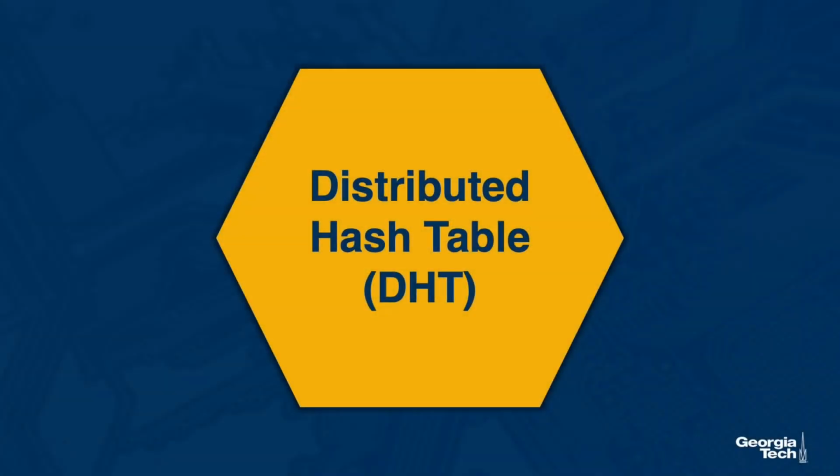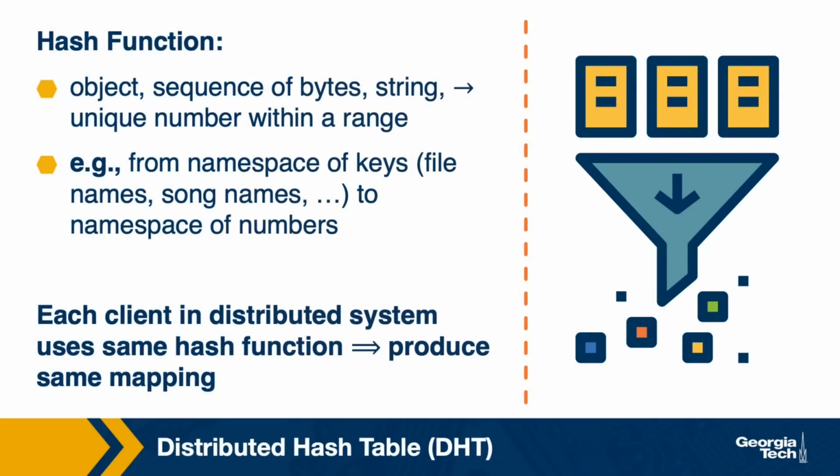So what is a DHT? The main element of a DHT is its use of a hash function. A hash function takes some input, some sequence of bytes, it can be an entire file, a portion of a file, a string, and it processes it and produces some unique and condensed form, some type of signature of that input string or object.